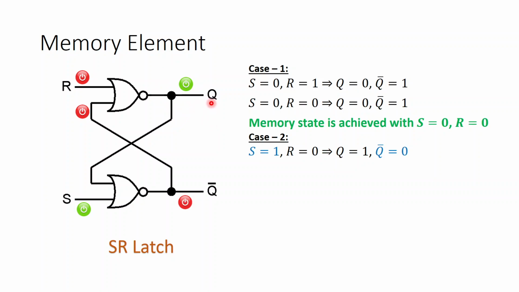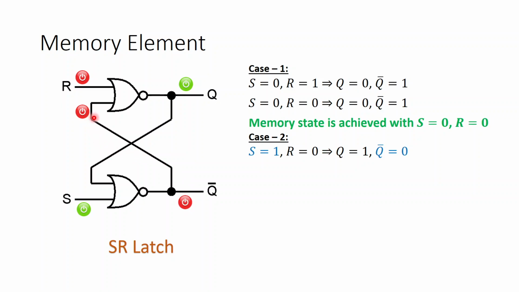So whatever be the output before this particular input set was given, it changes in this way, and it then becomes constant like this. So it is a steady output it is giving: when we have S equals 1, R equals 0, our output is 1 and 0.